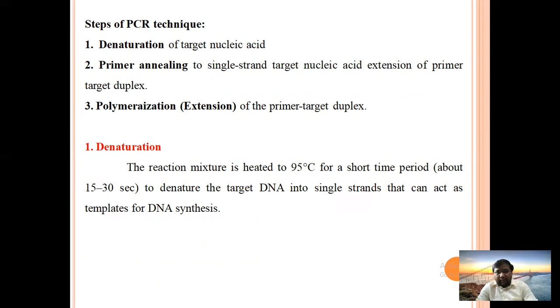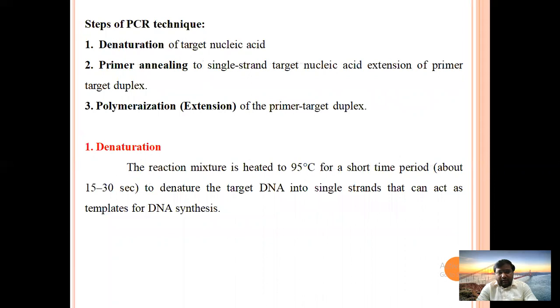Third is polymerization or extension of the primer-target duplex. So in these three steps, the polymerase chain reaction is complete.